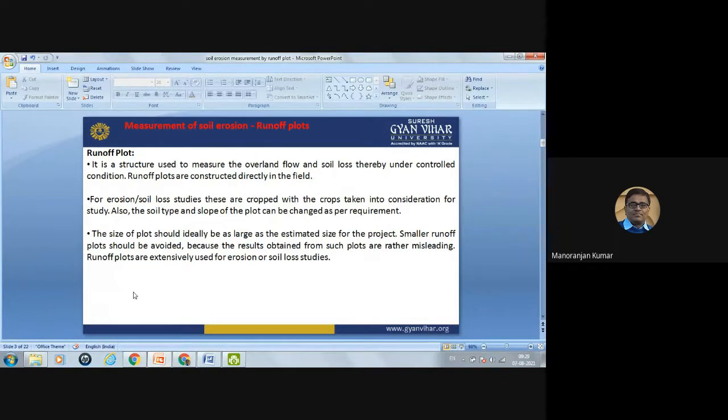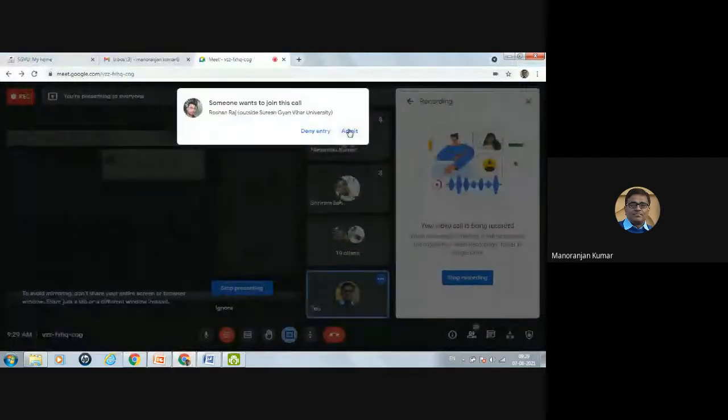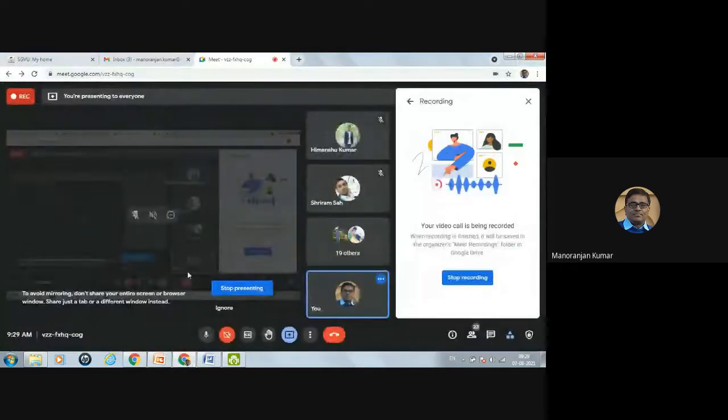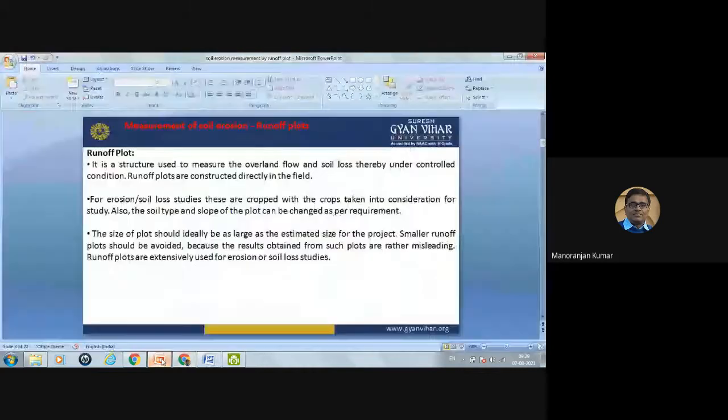The size of the plot should ideally be as large as the estimated size for the project. The plot may be small or large.